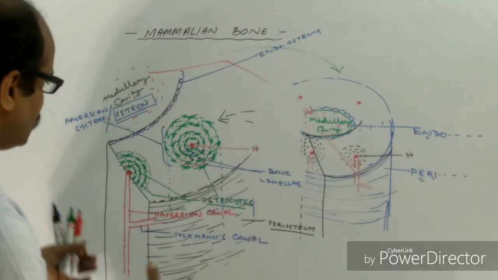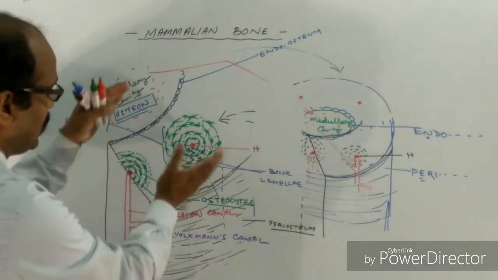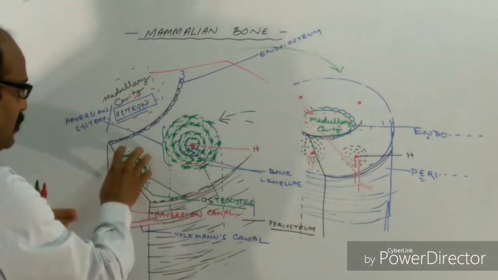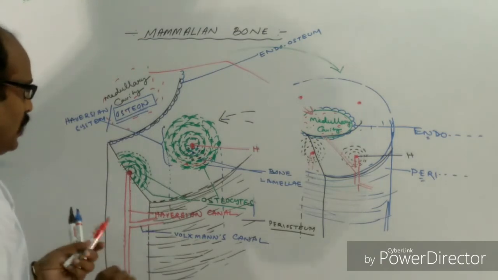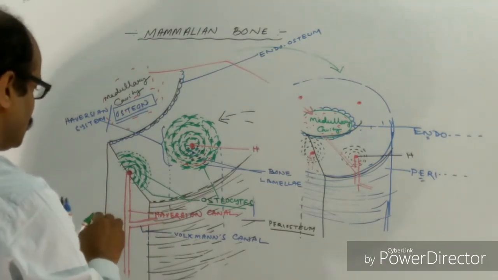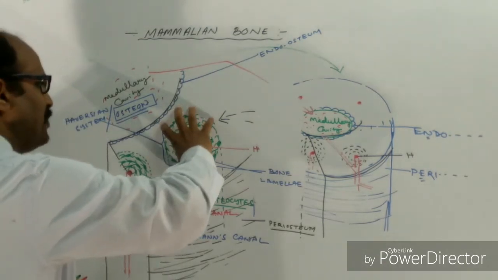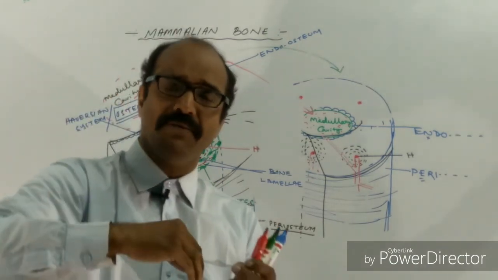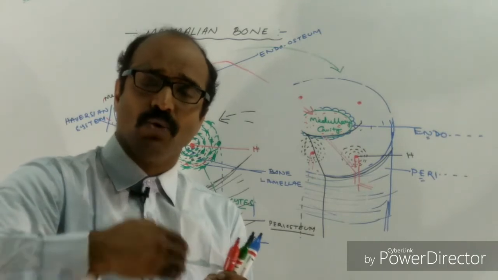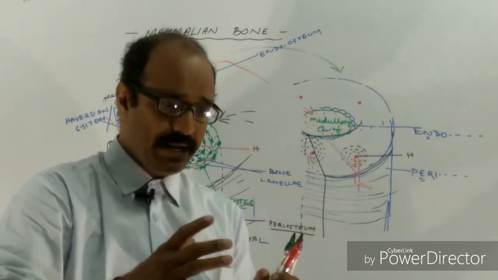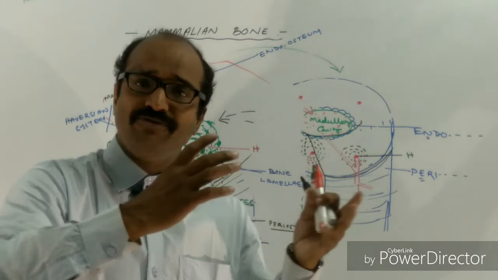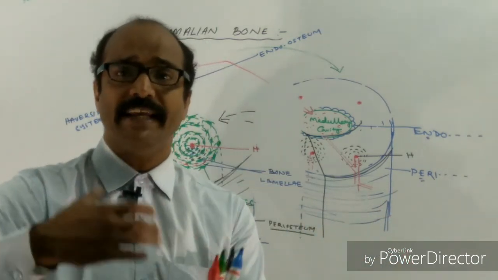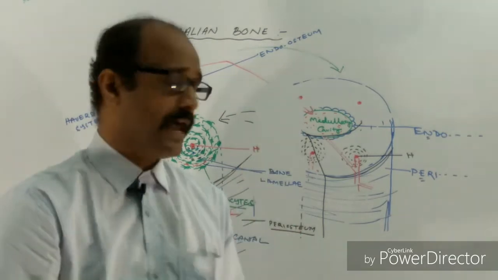So up to this, we find that this is the bone structure having a number of osteons, and this is the total complete osteon. Some of the mammalian bones remodel throughout life. That's why the resorption of osteons and the formation of osteons continue again and again throughout life.